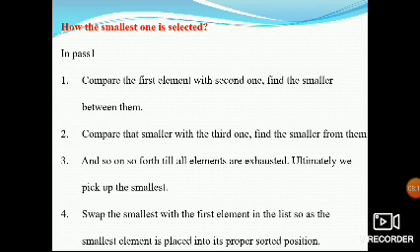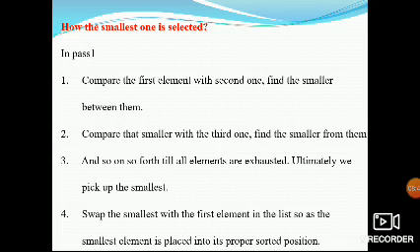From the first and second, we got the smallest; that smallest number and the third number we have to compare, and find the smaller from them. And so on, till all the elements are exhausted. Ultimately we pick up the smallest one.